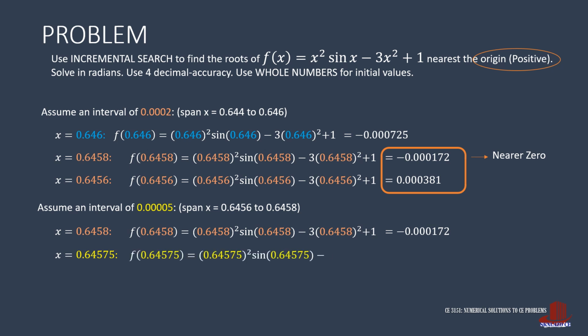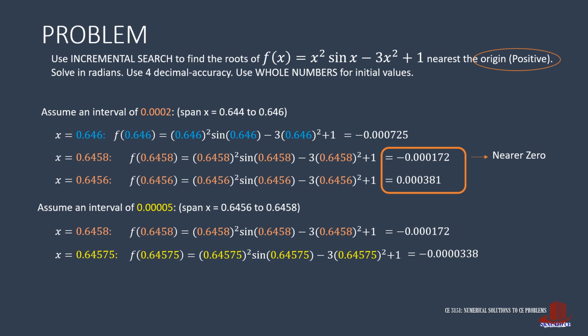Making the function 0.64575 squared with sine of 0.64575 less thrice of 0.64575 squared plus 1. The result is negative 0.000338.